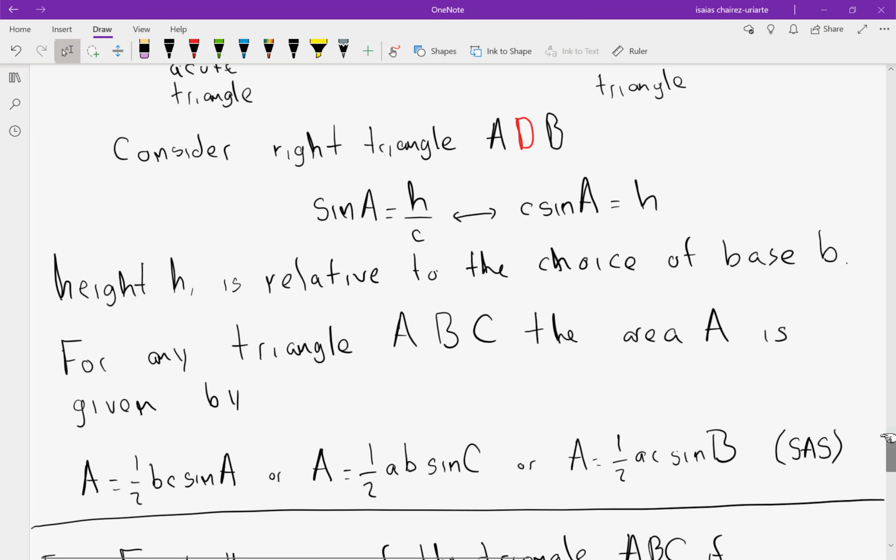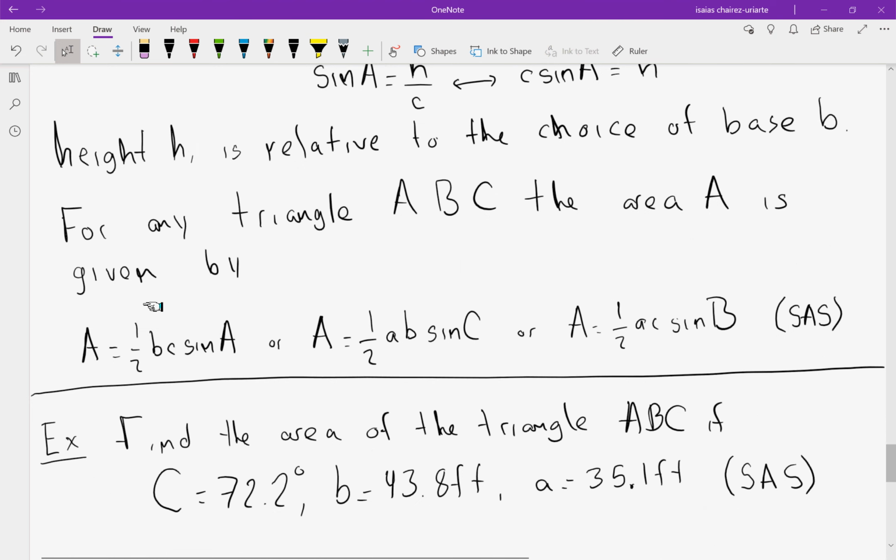And notice that in these three expressions for area, you have two side lengths and the angle between them. So side length A, side length B, and the angle between them. That's why I wrote over here on this little margin SAS, because you have two sides and the angle between the sides.